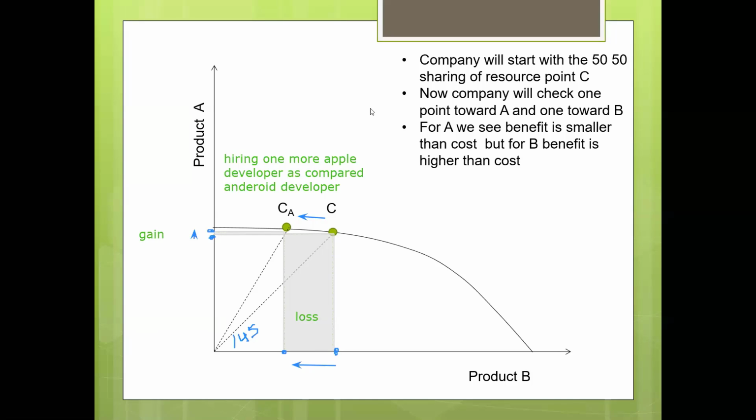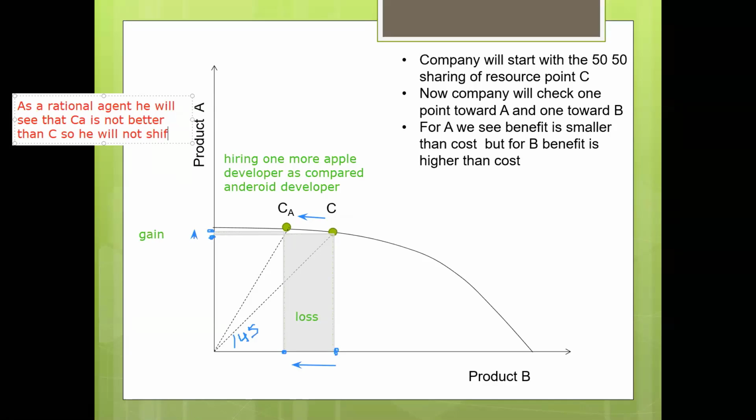So as a rational agent, he will see that CA is not better than C. So he will not shift towards CA. He will stay at C. So this way he will find out the best possible point is not on the left-hand side.